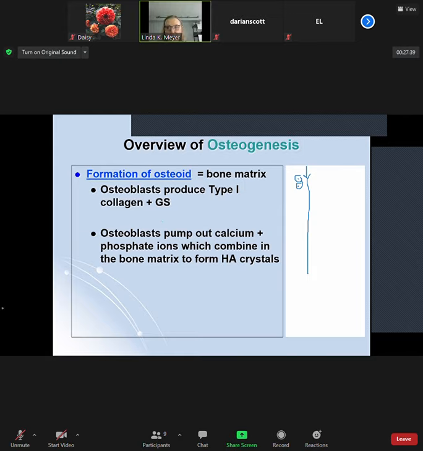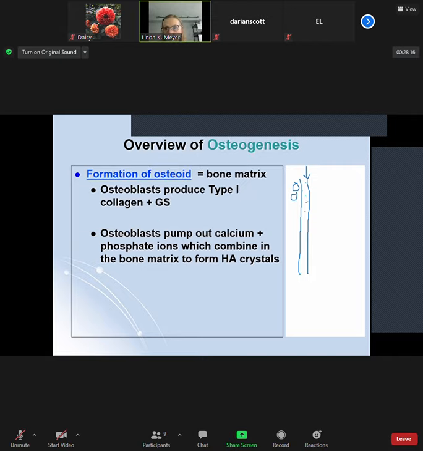Okay, the second step is, as they're laying down a new layer of osteoid, so let's just say they rest at night and the next day they lay down a new layer of osteoid. Notice how they're still staying outside the tissue. The previous one is going to mineralize.